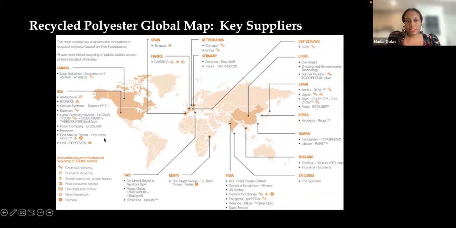I would say the US has the bulk of them, and then other countries like China has a few, Japan, and India has a few. So if you're sourcing or producing in these spaces, and in Italy as well.